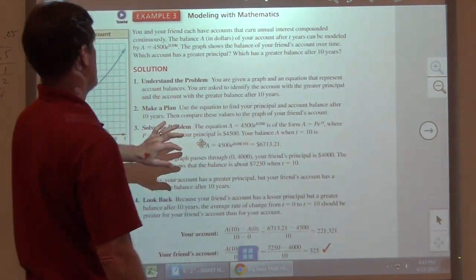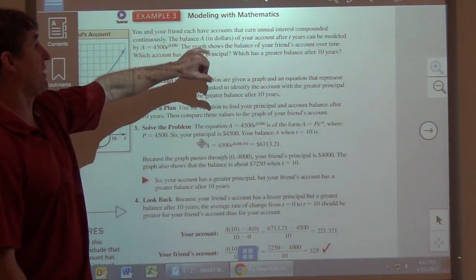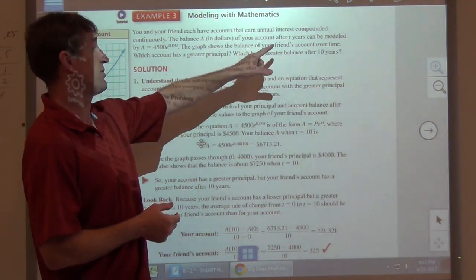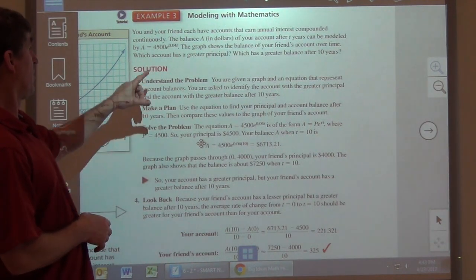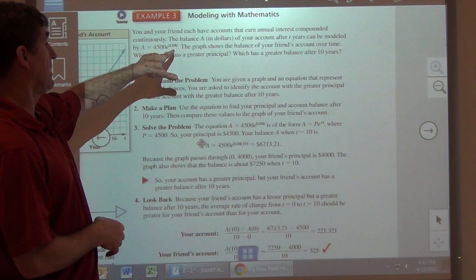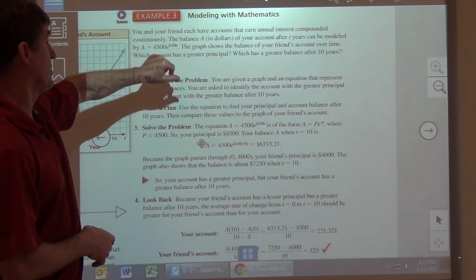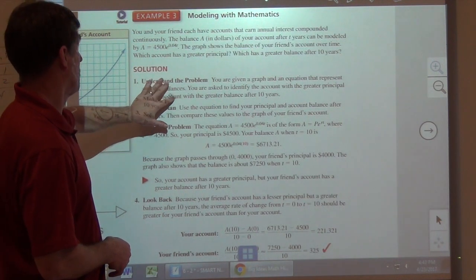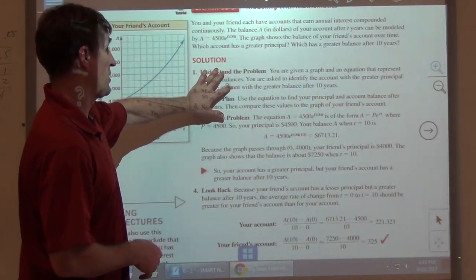Number 3 says, you and your friend each have accounts that earn annual interest compounded continuously. The balance A in dollars of your account after t years can be modeled by the formula 4,500e to the 0.04t, so you're at 4% interest. The graph shows the balance of your friend's account over time. Which account has the greatest principal?